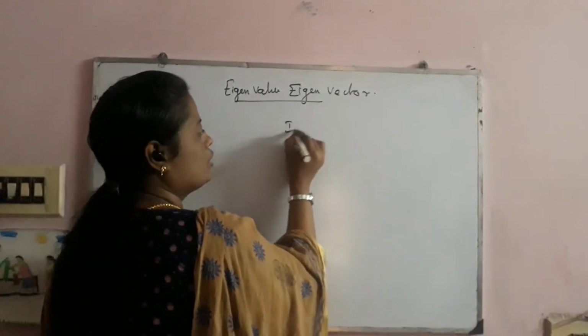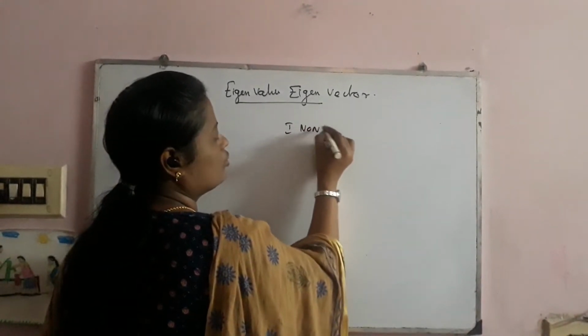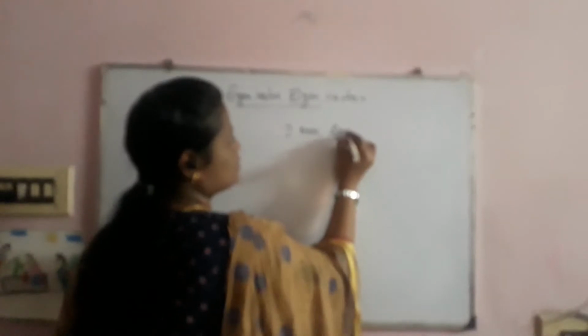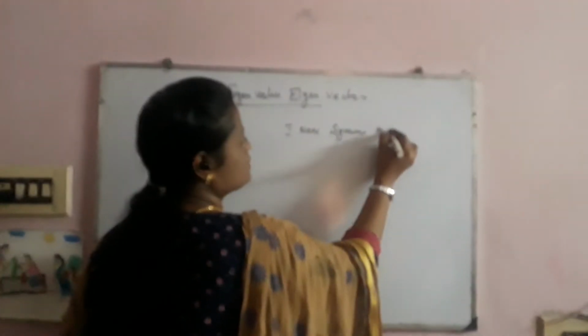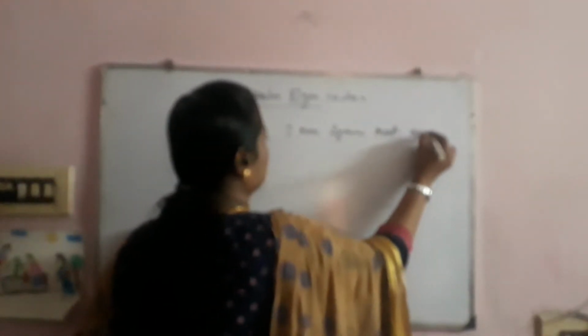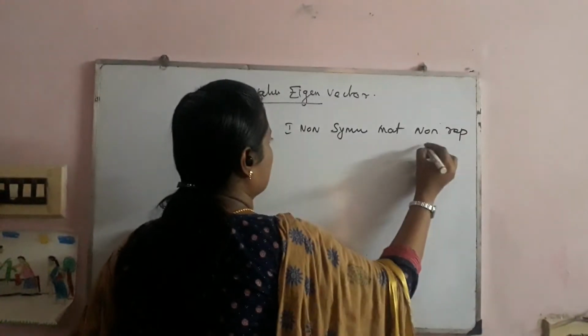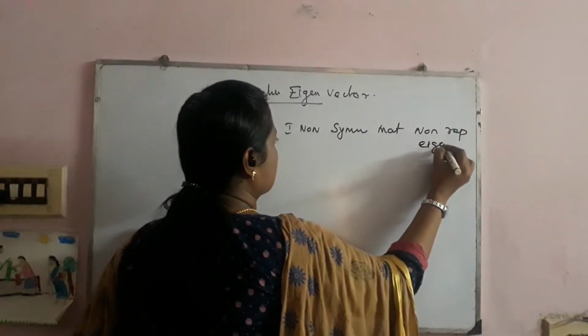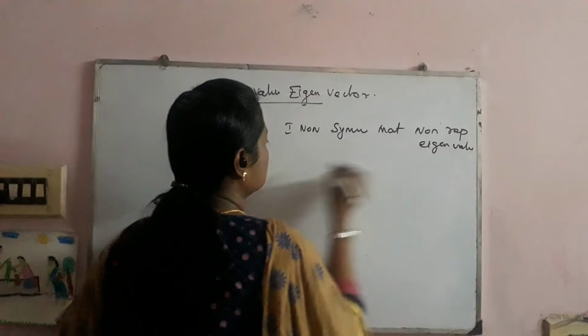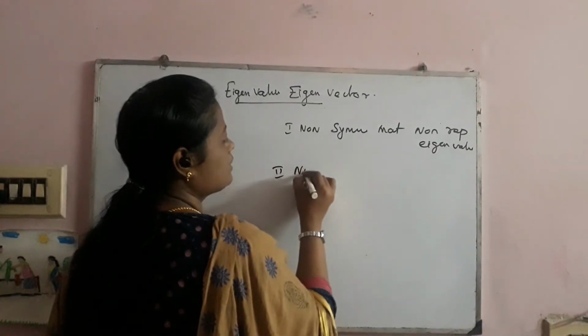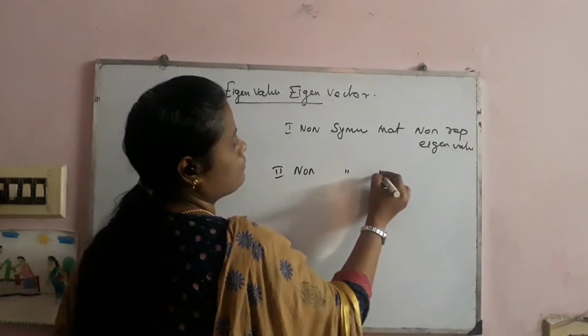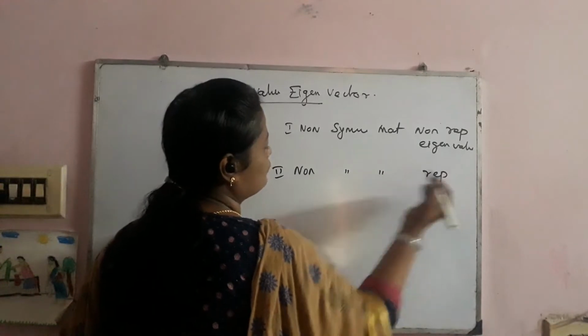First method is non-symmetric matrix, non-repeated eigenvalue. Second method is non-symmetric matrix, repeated eigenvalue.